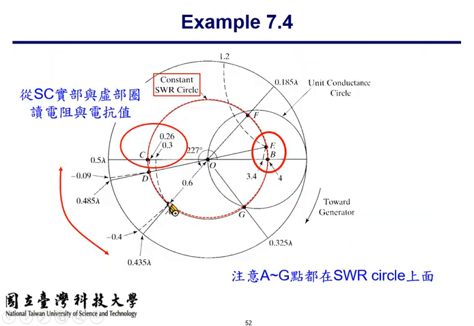the termination is located at A, and we know the angle is 227 degrees from the positive real axis. So if we move along the constant SWR circle, you will bump into the negative real axis at the position C, right?